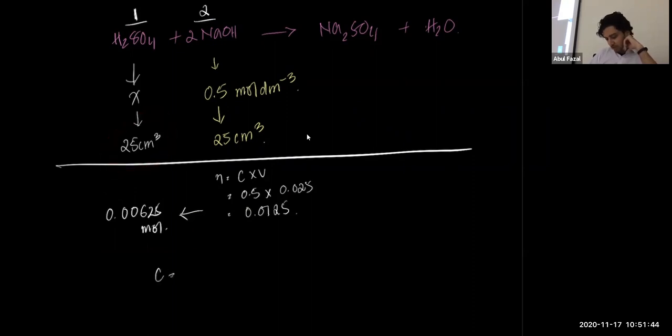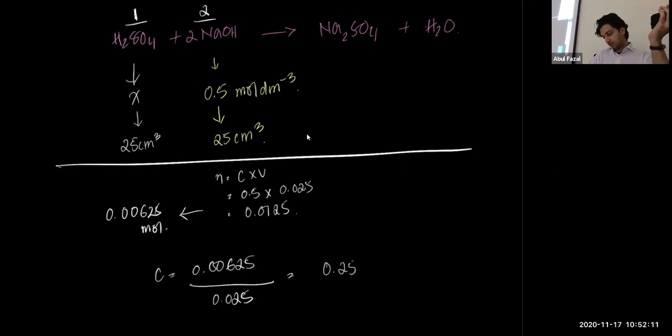Concentration is just going to be 0.00625 divided by 0.025. Everything should be in decimeter cube. This does indeed come out to be 0.25 mole per decimeter cube.